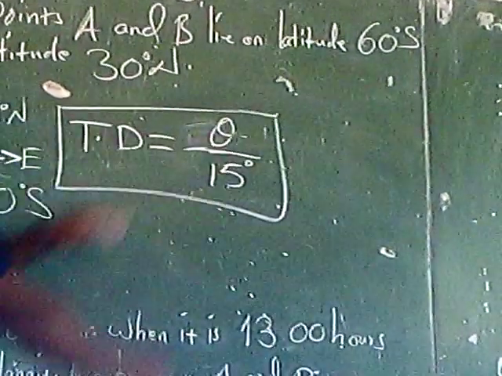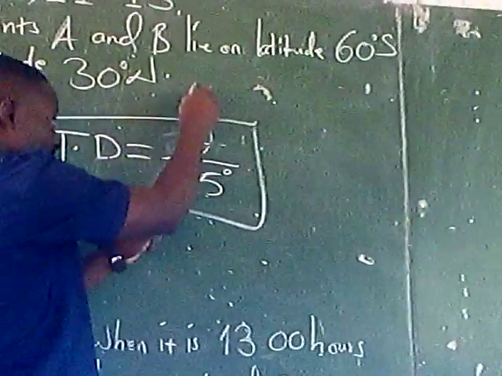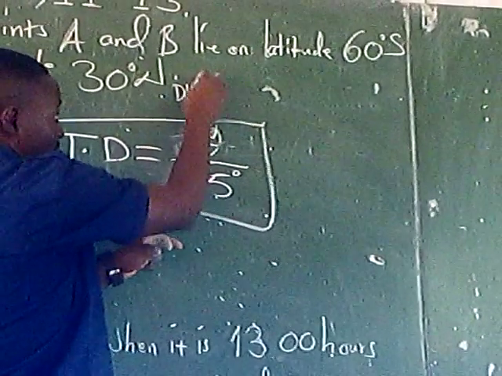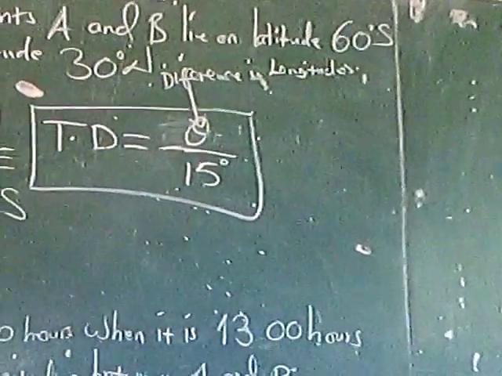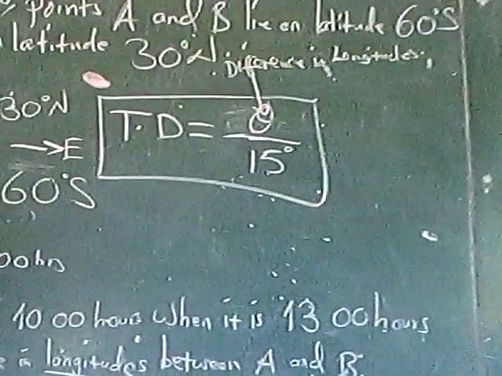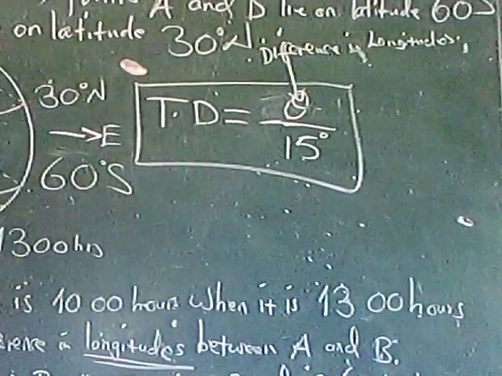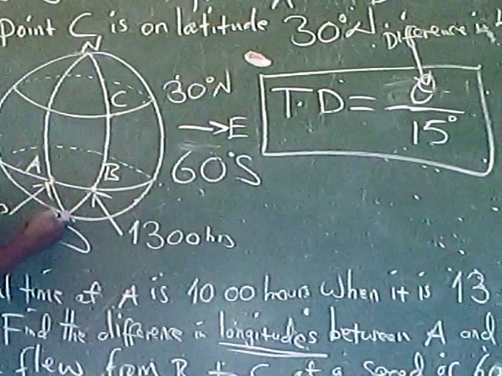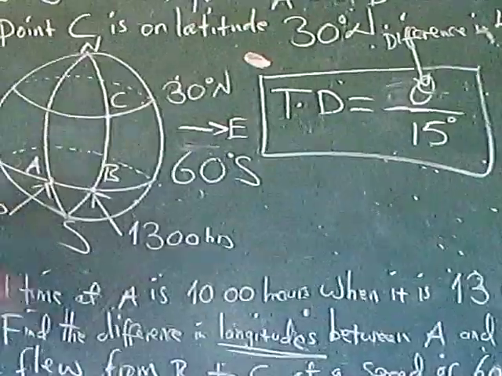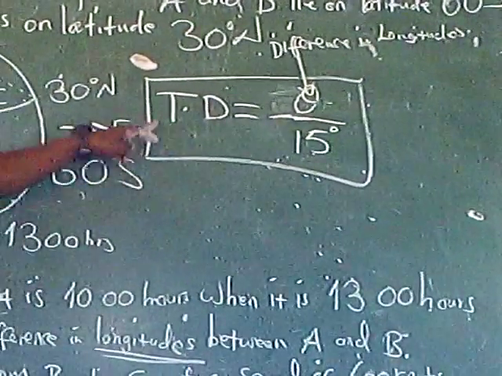Theta means difference in longitudes, the difference in longitude between those places. In the case of this one, we're talking about place A and place B. The difference in terms of longitude, where A lies, which is this one here, and the longitude where B lies, which is this one here. So that is the theta you're seeing here. 15 degrees. TD, that is the time difference.